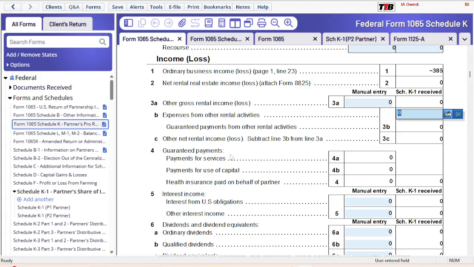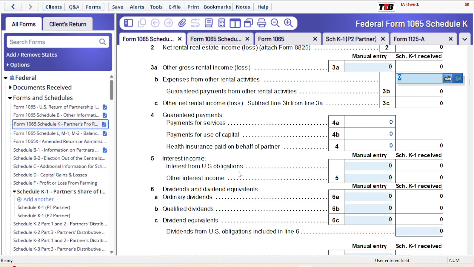And if you have guaranteed payments, you have section B for it, and interest income. So if you got interest income, like you have money in a bank, in a savings account, you earn interest on it, it'll go in other interest income.